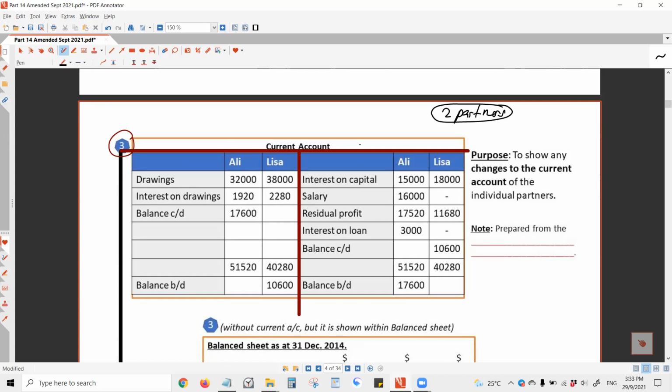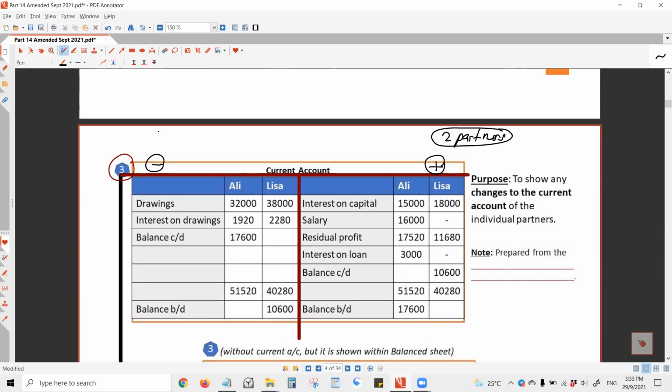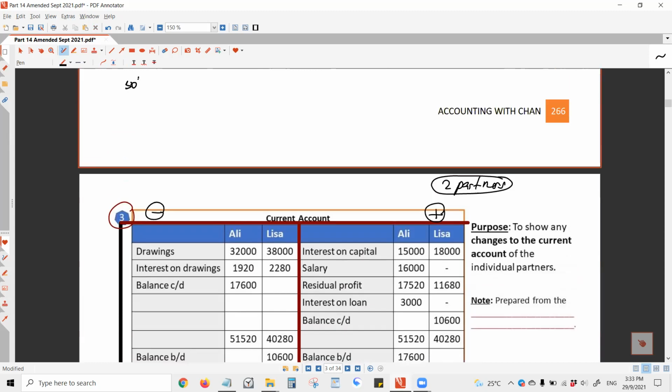Now, for current account, you must first know the characteristic of this account. Plus is here, minus is here. Must remember for current account, plus is on the credit side, minus is on the debit side. Reason is this. For sole trader, if you have done a capital account before, you know that plus is here, minus is here.